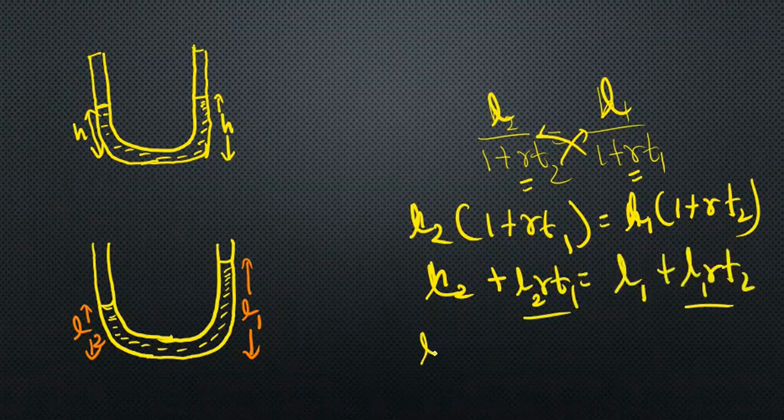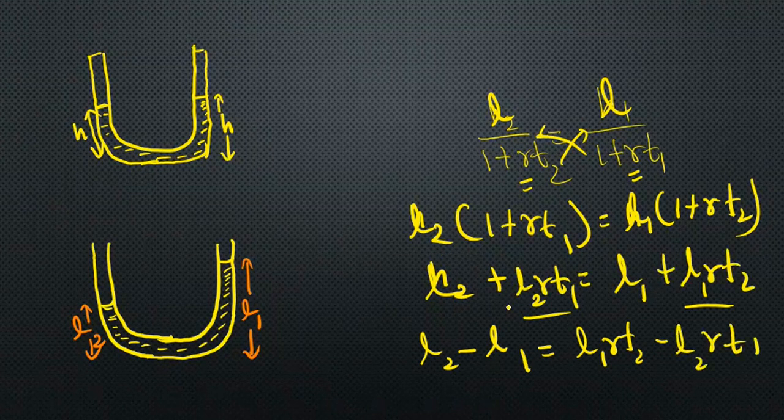So we take these two: L2 minus L1 equals L1 gamma T2 minus L2 gamma T1. So we can take out the gamma value here.